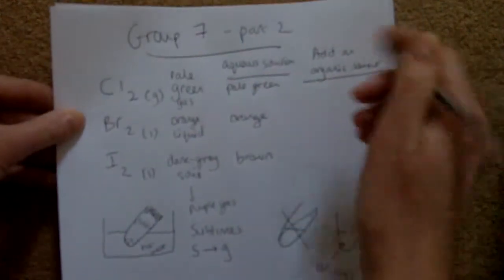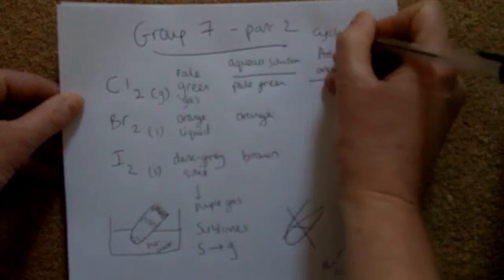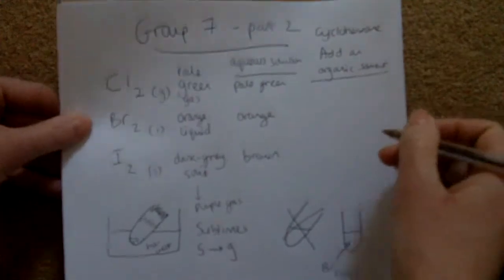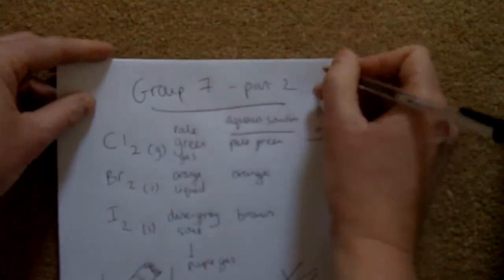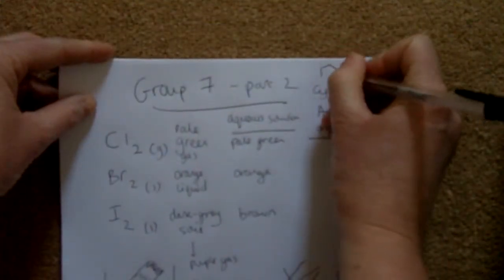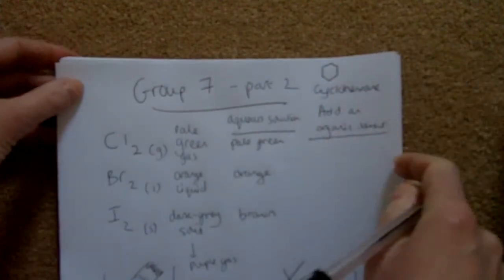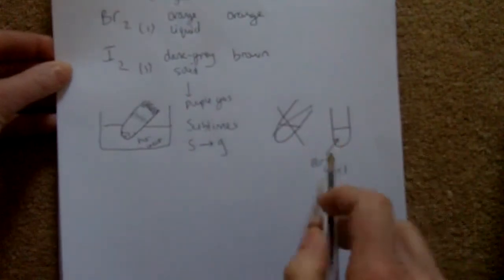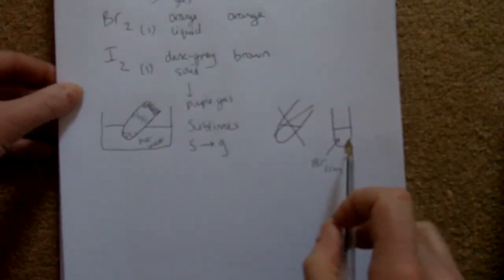So something like, a common one we use is cyclohexane. So you know the formula of cyclohexane? Cyclohexane is 6 carbons in a hexagon, like that. Cyclohexane, common solvent we use. So it's bromine, it's orange, but you're not 100% sure.